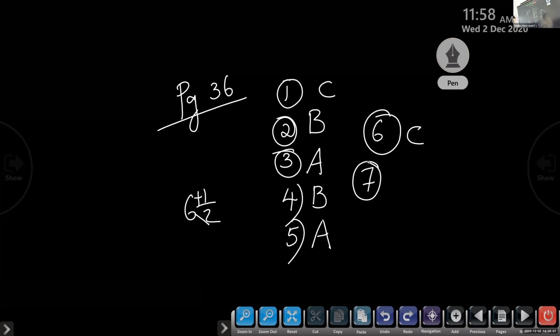Improper fraction. 13 by 3. Very good. 13 by 3. Children, you can check whether you got this answer. How? 4 3s are 12. 12 plus 1, 13 by 3. Okay.